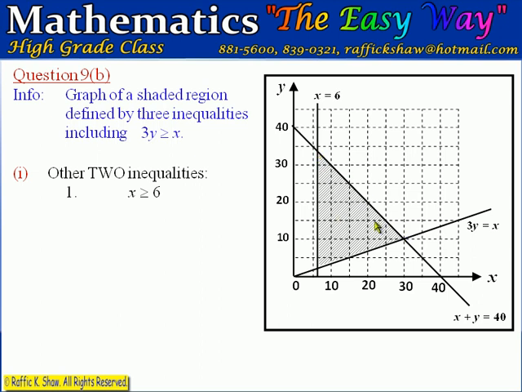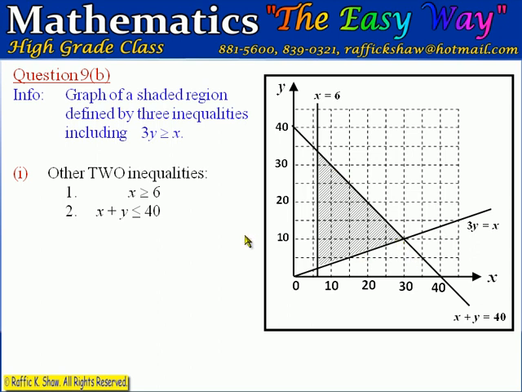Equal to 40 because the line is unbroken and is a part of the region, and less than 40 to account for the shaded region that is below the line. So we can go ahead and show that second inequality, the inequality that's associated with this line.